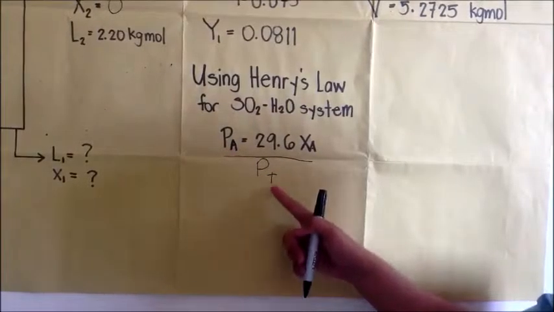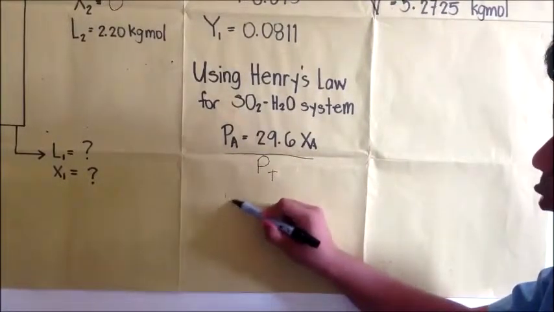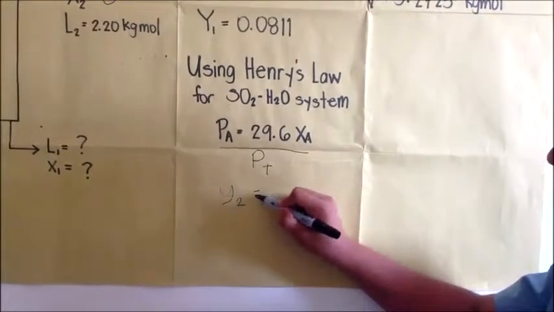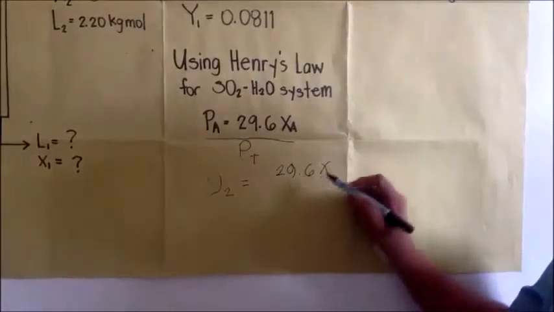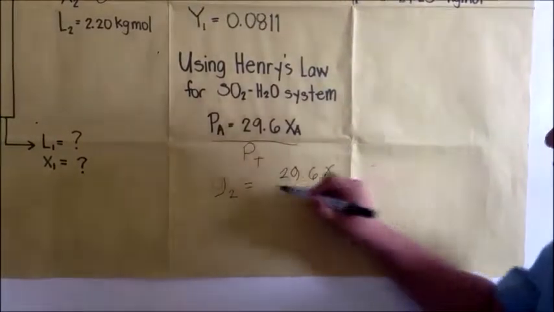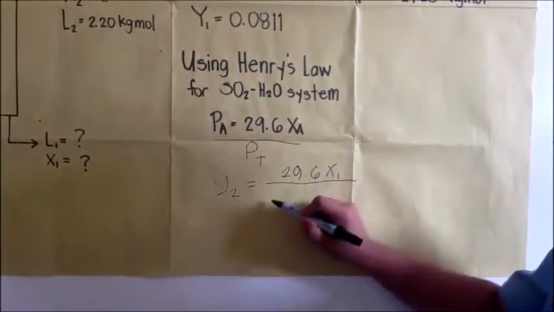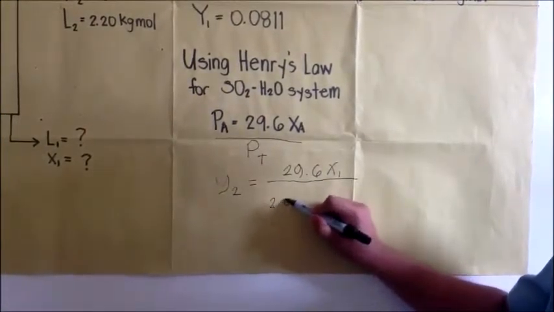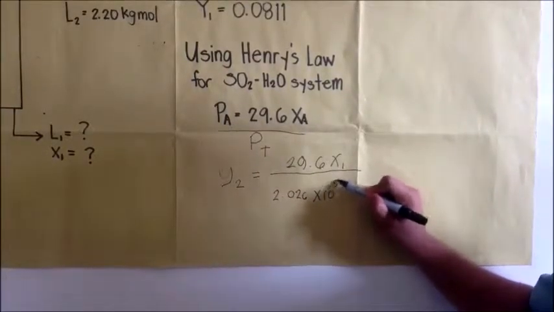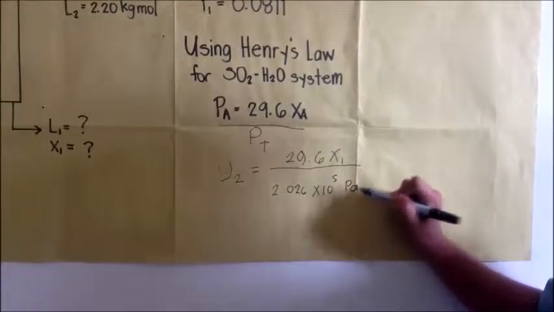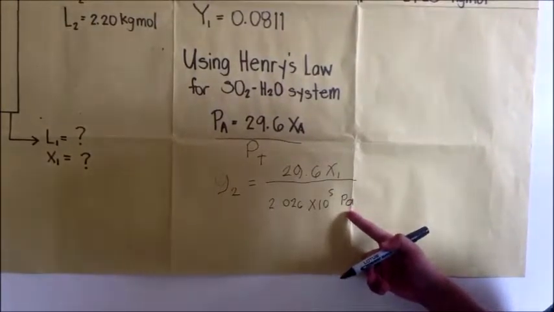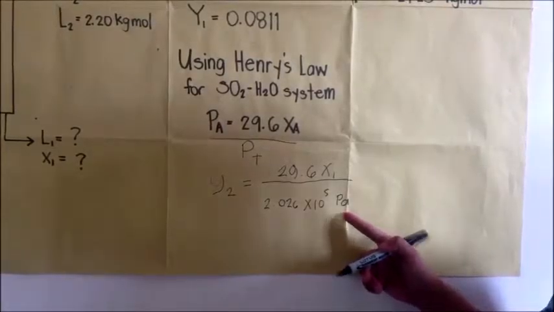Pa over Pt is y2. And 29.6 x1 for the liquid phase, all over 2.026 times 10 to the 5th Pascal. But as I said earlier, we must convert this to atm before calculation.